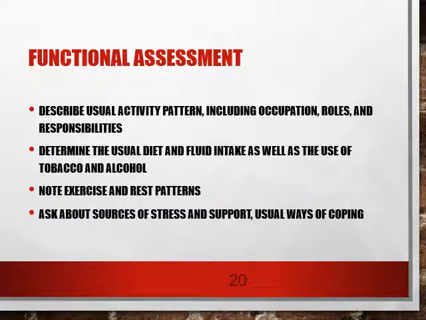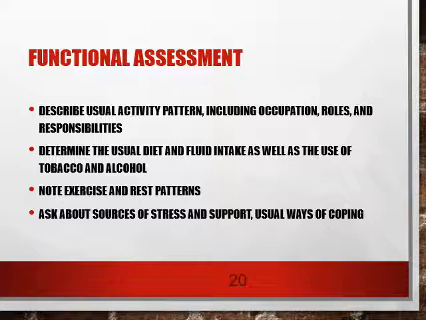Determine the usual diet and fluid intake, and tobacco and alcohol. Note exercise and rest patterns. So a person who exercises 3 times, 5 times a week is probably in pretty good shape, and they'll bounce back a lot faster. Are there rest patterns? Do they need a nap? Ask about sources of stress and support.